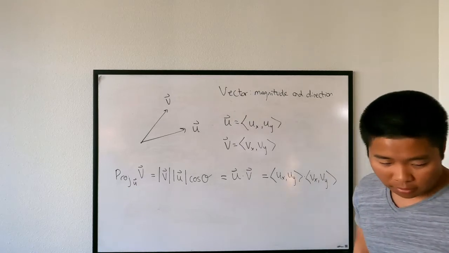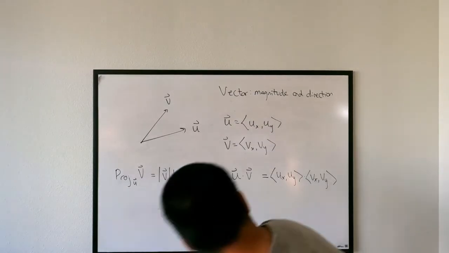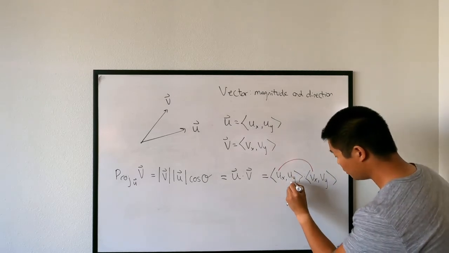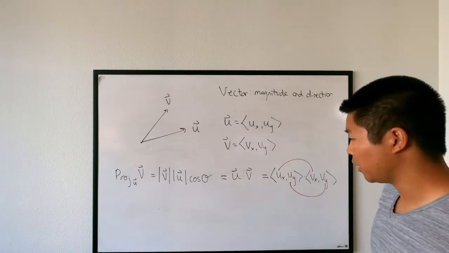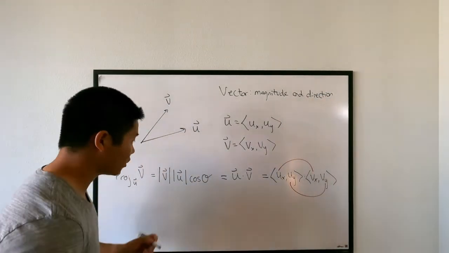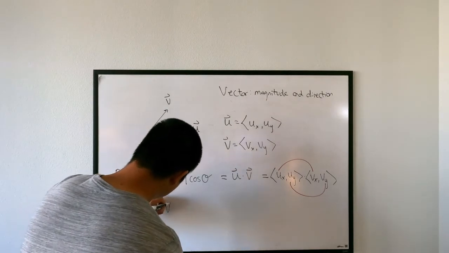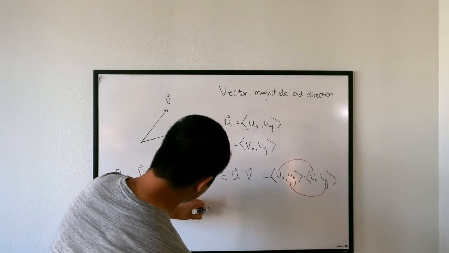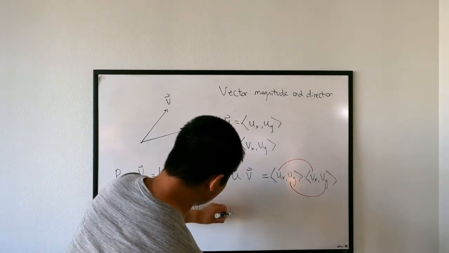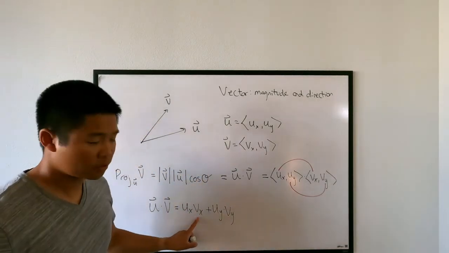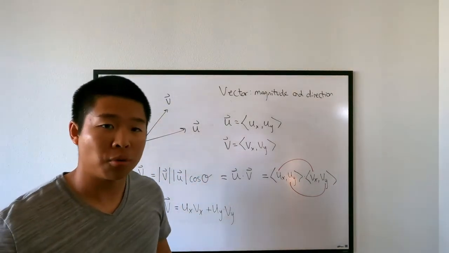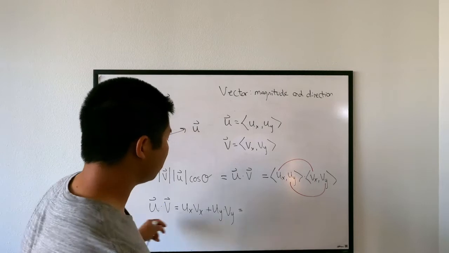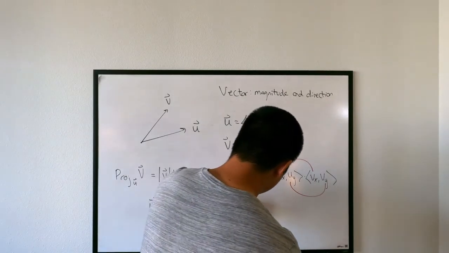And when we multiply it together, what we're actually interested in doing is multiplying these together, and then adding it to these two that are already going to be multiplied together. So the definition of the dot product turns out to be ux times vx plus uy times vy. And notice that ux, vx are both scalars, uy, vy are also both scalars. So when we dot them together, we get a scalar that comes out, right?